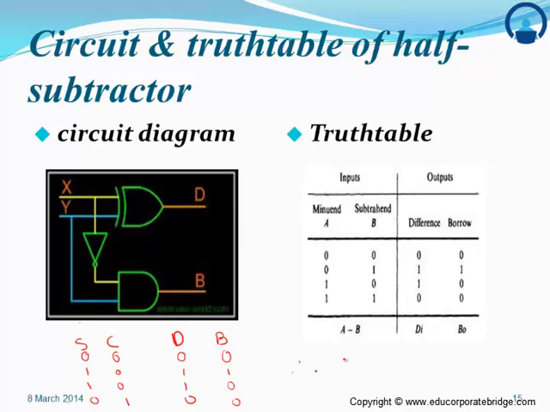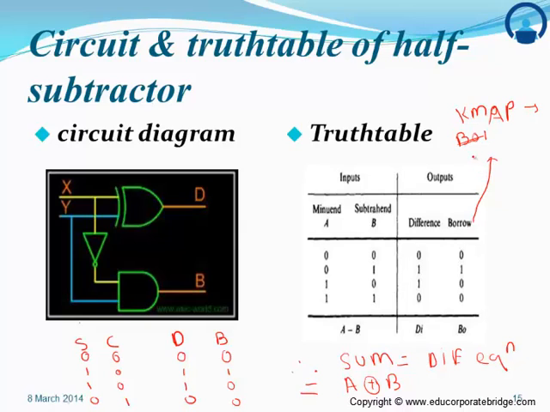Therefore, we can write the sum equation, which is equal to the difference equation, as A XOR B. Similarly, for borrow, if we make the K map, we can get the equation as borrow is given by A bar B, where the carry was given by AB.